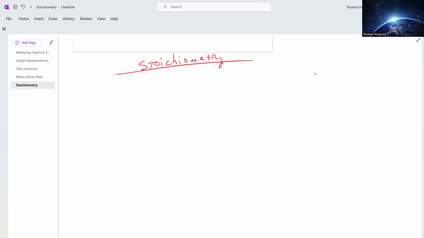Okay. It's simply the mathematical relationship between products and reactants.